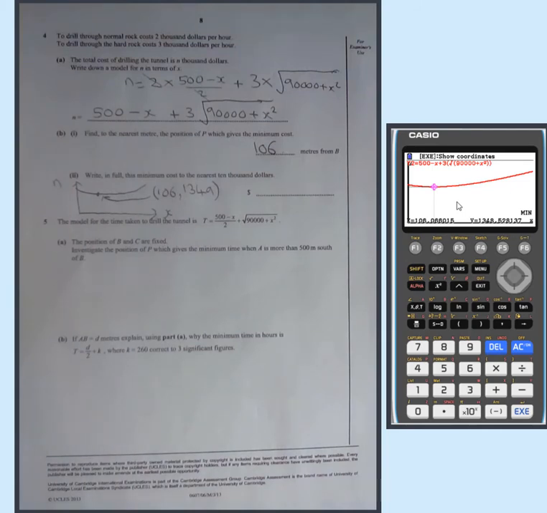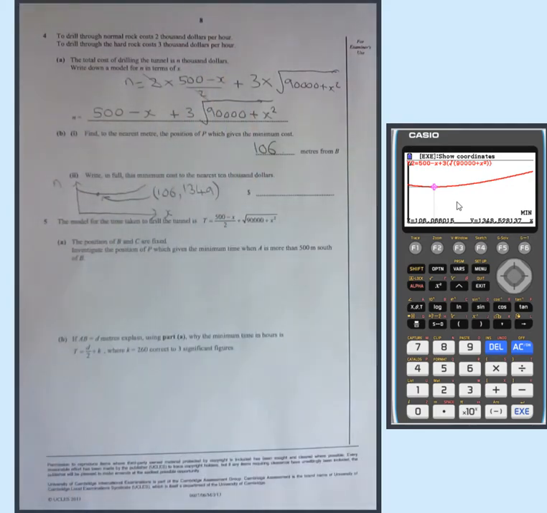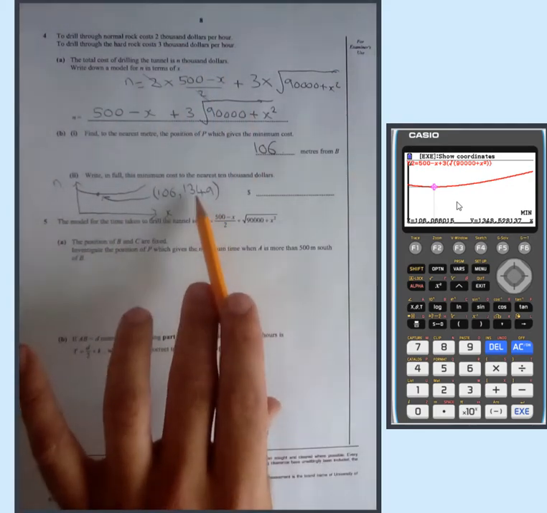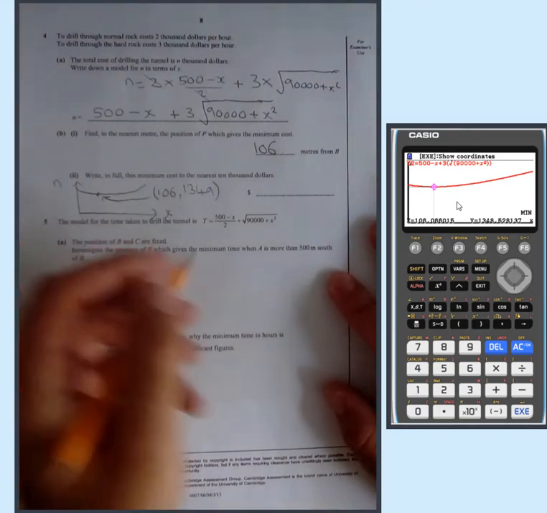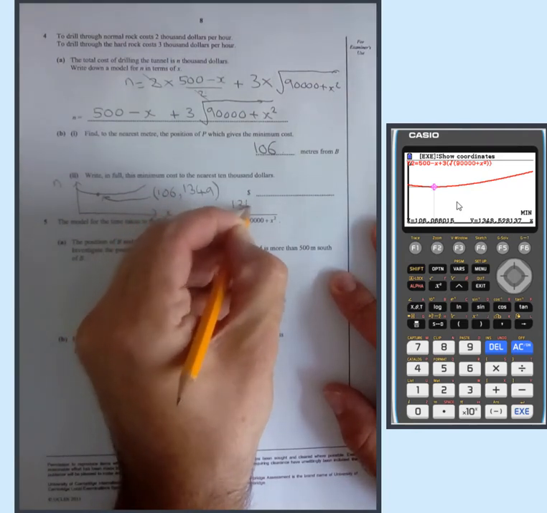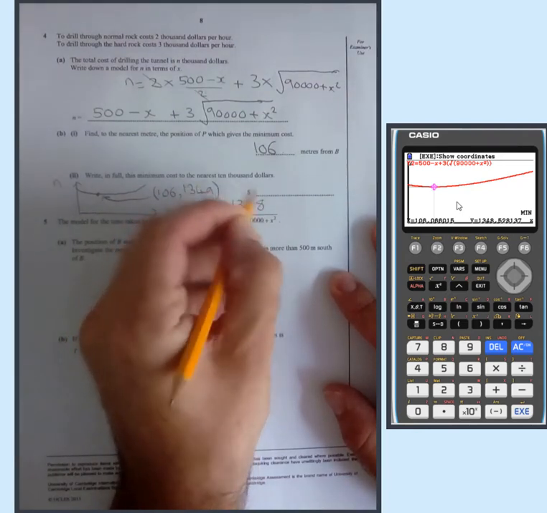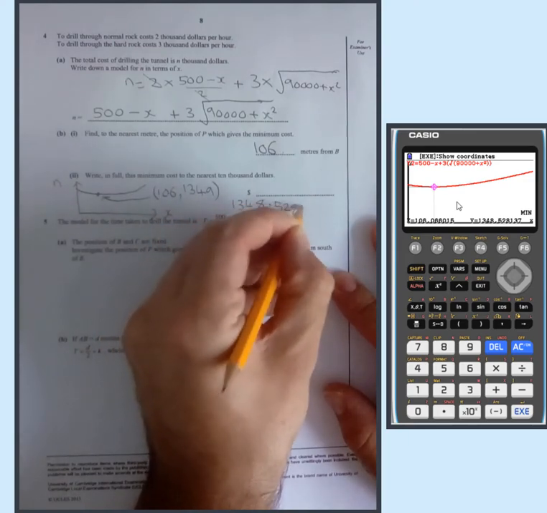and then it says write in full this minimum cost correct to the nearest $10,000. So remember the units of this were $1,000. So this number here is 1349. In fact, I might even write that out. So it is 1348.528137.